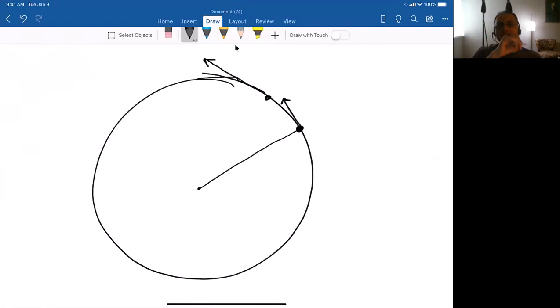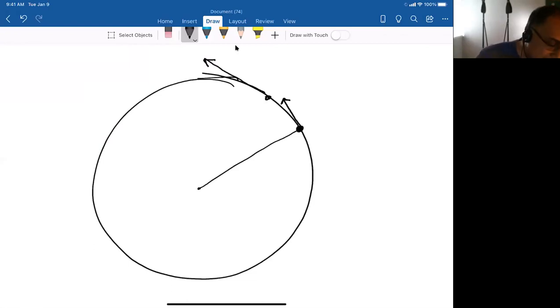It moves with a fixed speed around the circle. But if it's not uniform circular motion, its velocity at different points in the circle is not going to be the same. That makes sense? So if its velocity along the circle is changing, there must be some acceleration directed in the tangential direction, which is changing its speed in the tangential direction, right?